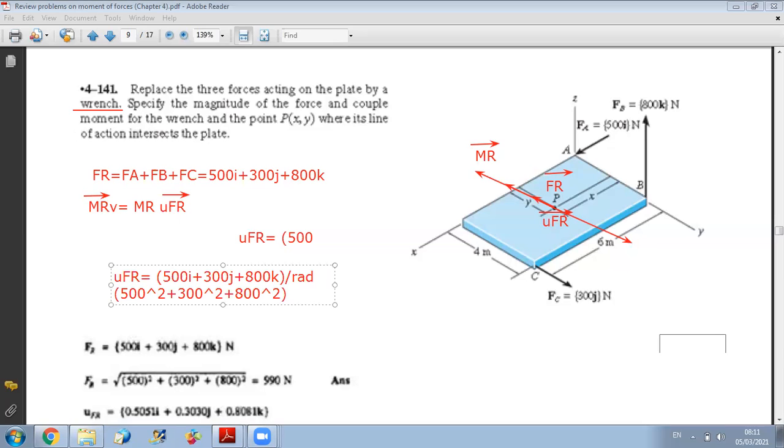Okay, so in this way I defined the unit vector of Fr.